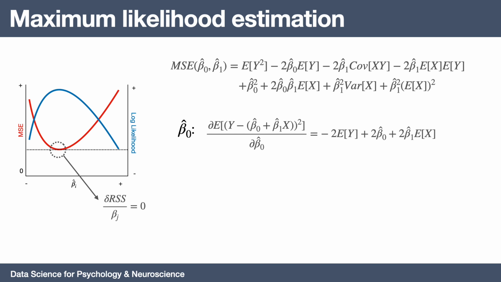Now, in the case of our intercept term, if we take the derivative of that mean squared error function, what we're left with is negative 2 times the expectation of y plus 2 times beta naught plus 2 times beta 1 times the expectation of x.